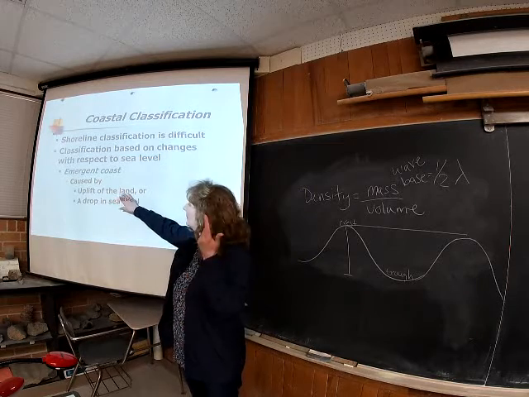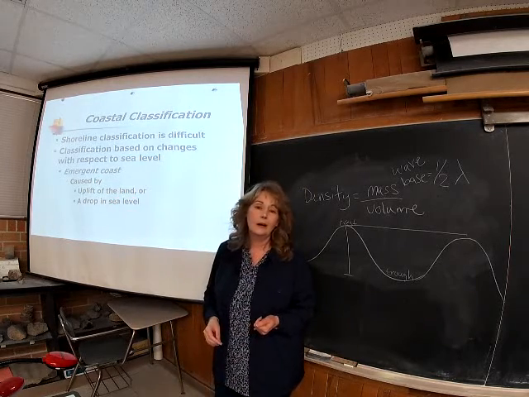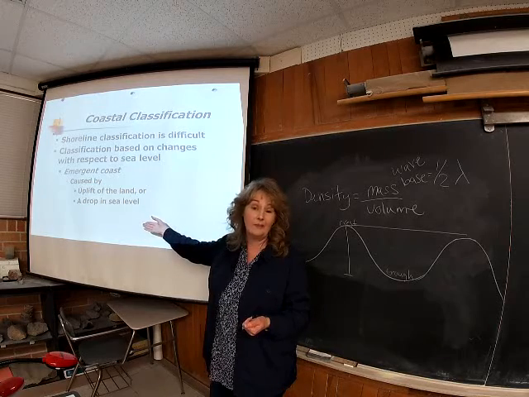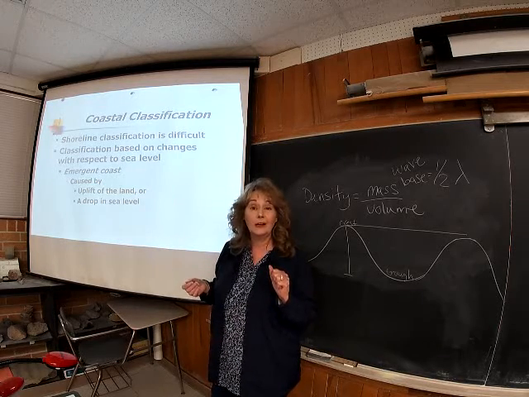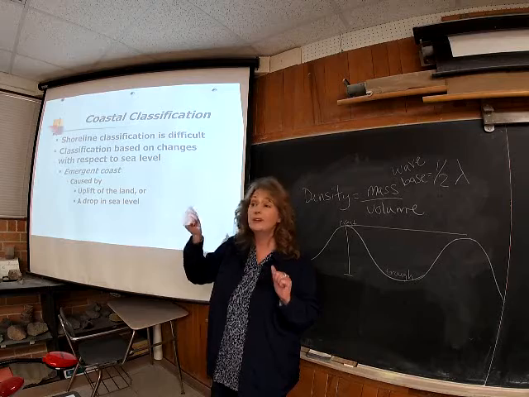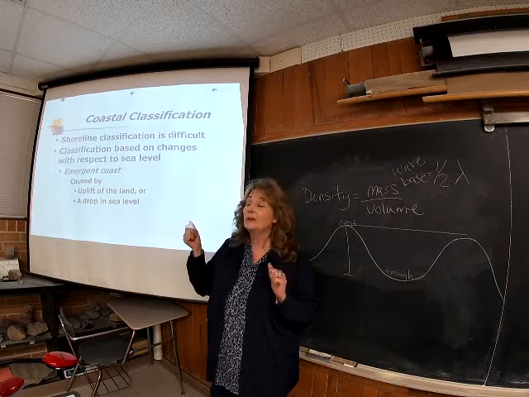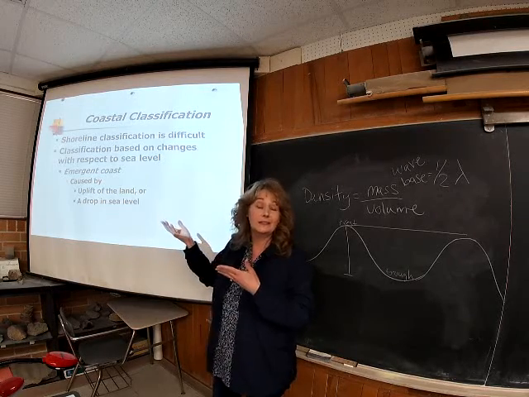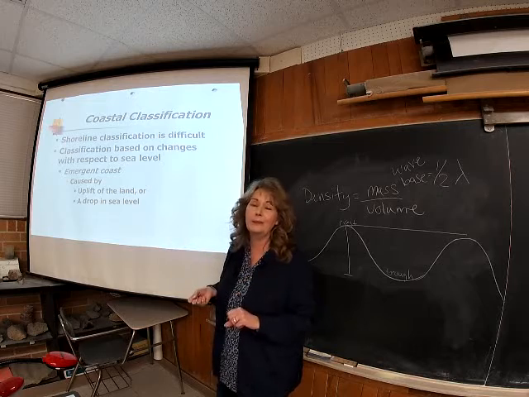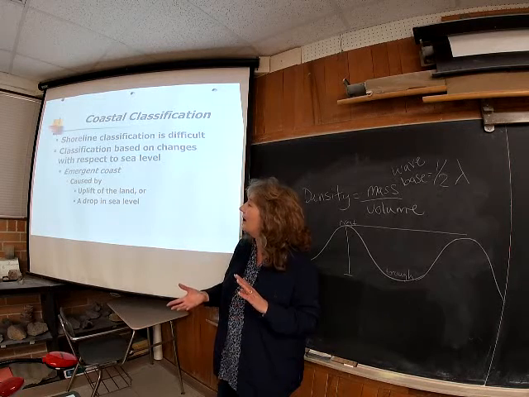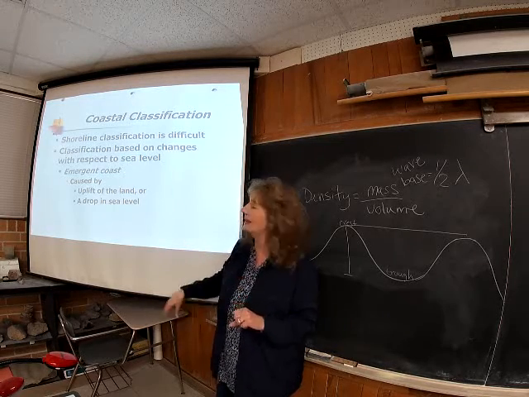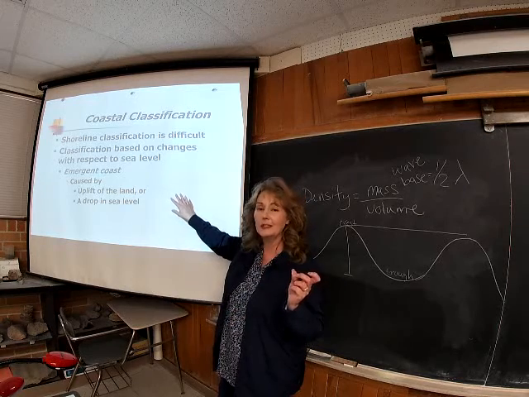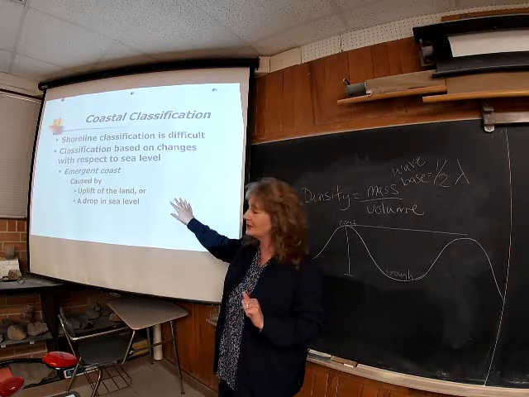Are we getting an uplift of the land? Or is it a drop in sea level? Or are we getting a rise in the land? Or a rise in the sea level. So a combination maybe of both of these, but these two main classifications, there's two, emergent and submergent coasts.